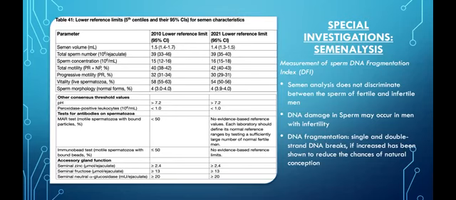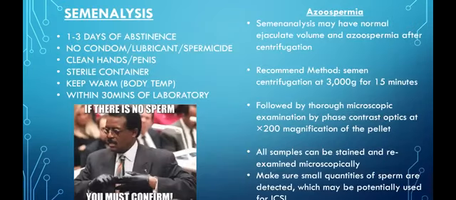So DNA damage might occur in sperm in patients who are infertile, and the DNA fragmentation index looks at the amount of single and double strand DNA breaks, and if these DNA breaks are increased, then the likelihood for normal conception is limited. So one would then potentially look at things such as ICSI and assisted reproduction.